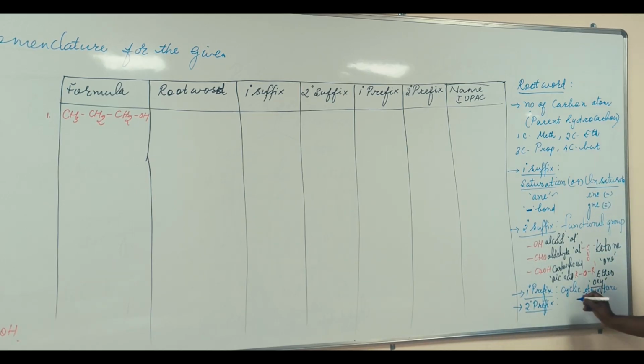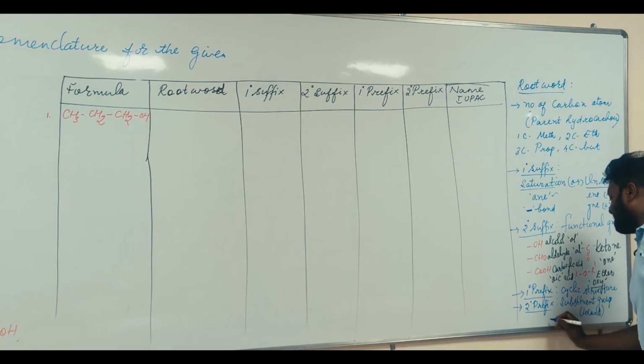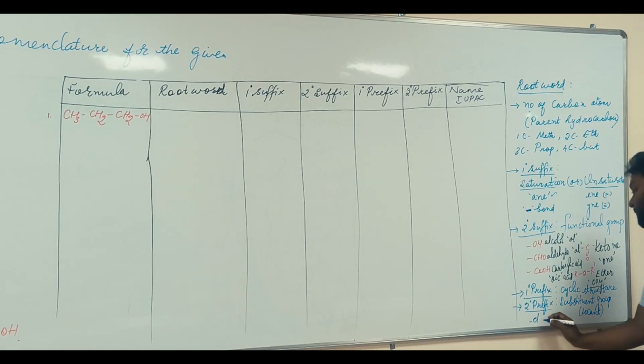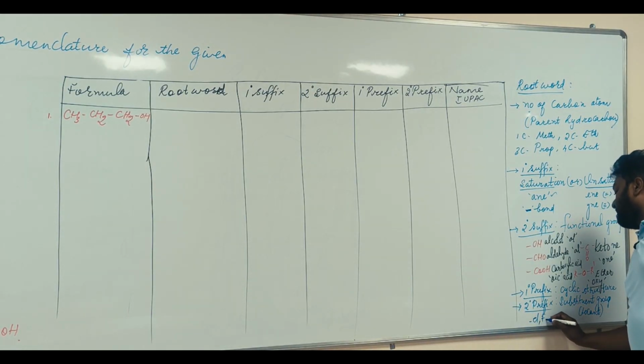The secondary prefix implies the presence of a substituent group. The substituent group can also be called a locant. In your NEET and all, you will be using this term. It is called a locant or otherwise a substituent group. For example, Cl, chloro, fluoro, bromo, iodo, methyl.